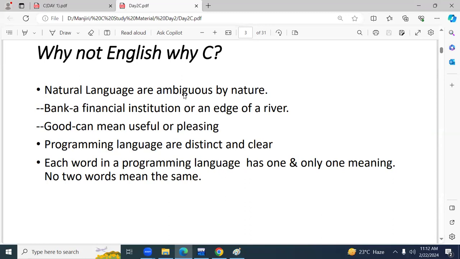So that's why we cannot say C is an English language exactly. C language is the C programming language only. Clear to all of you? That's why we are not directly switching the program or the computer with the English language. We are making some set of rules for writing the programming language itself. Clear to all of you?